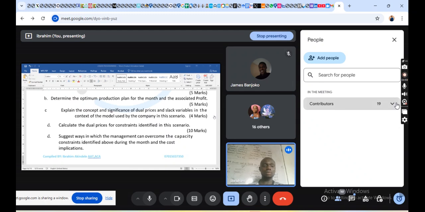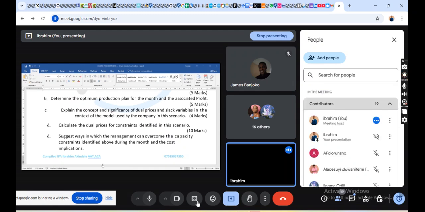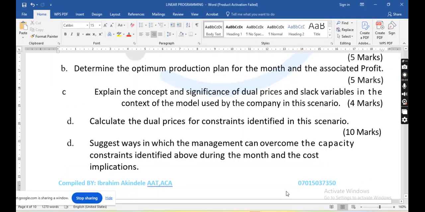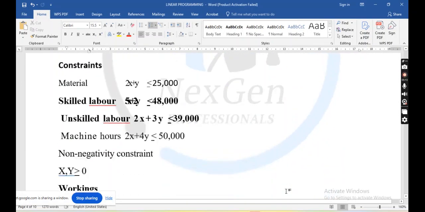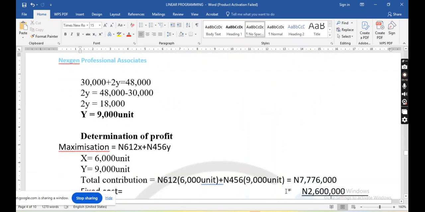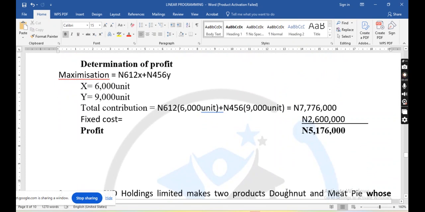Okay, I'm coming. So let's start. Dual price.